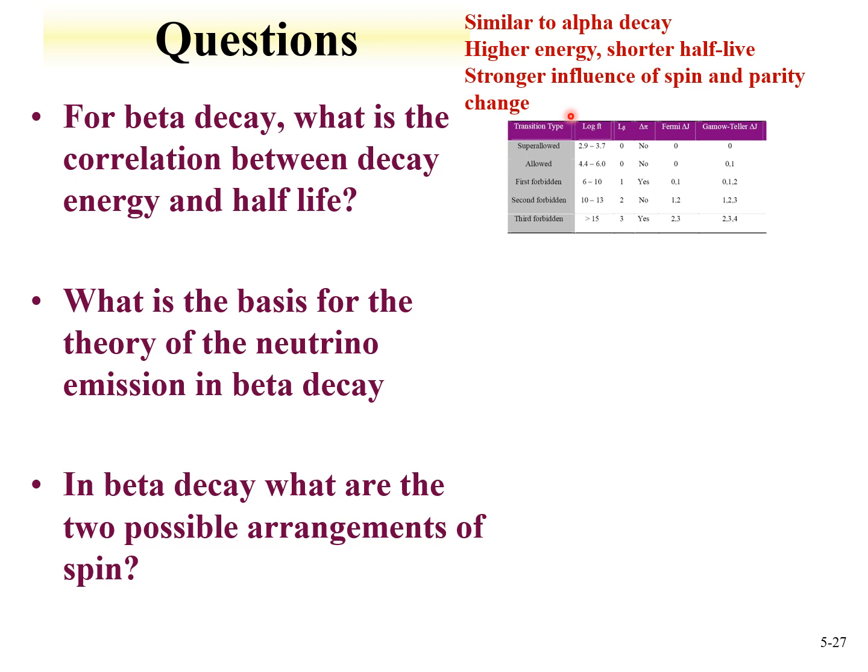However, we see a stronger influence of spin and parity change. We even discussed whether or not a transition can be super allowed, first, second, or third forbidden. We talked about how that forbiddenness or allowedness is related to whether or not there are spin changes and parity changes. We also discussed how one could evaluate these transition types in terms of logft.